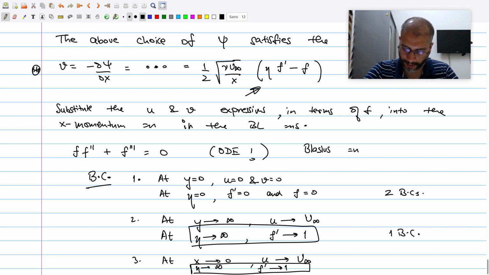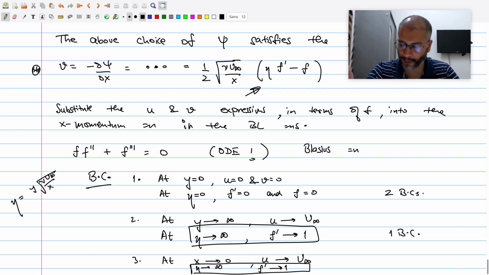So this is a very strong check that if you are converting a PDE to an ODE, then you have to define an eta which is a function of x and y in such a way that, since you have a y in the numerator and x in the denominator, when y tends to infinity, that is the same as x tending to 0. So they should both have the same boundary condition.